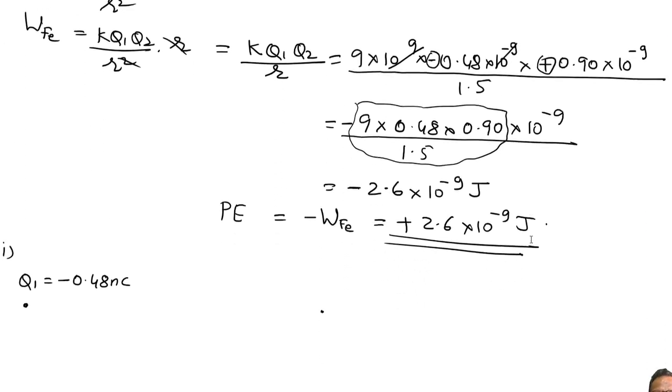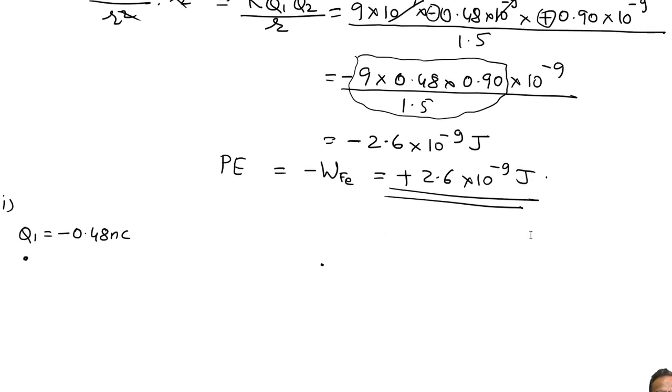So we'll take this Q2 as minus 1.3 nanocoulomb. And this charge from somewhere, you are going to bring it to a point, say over here, which is at a distance of 0.50 meter.